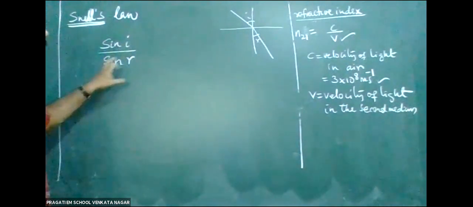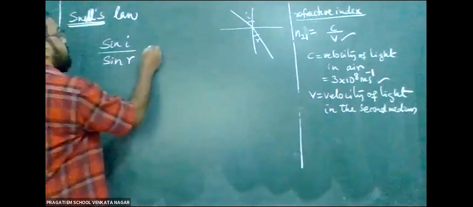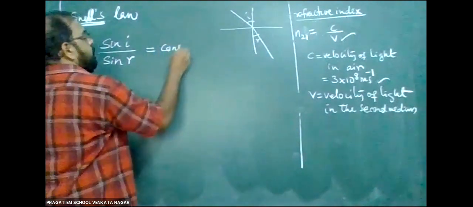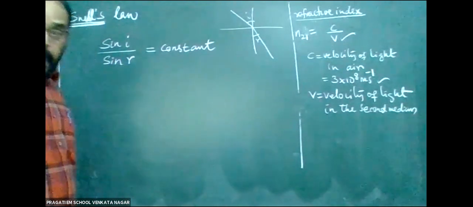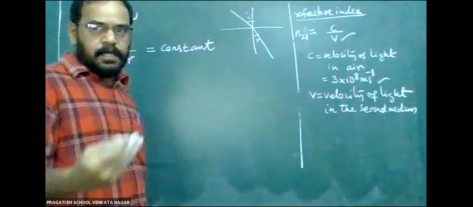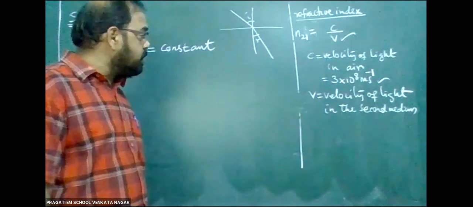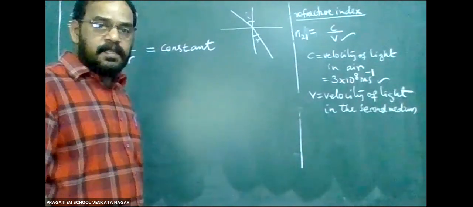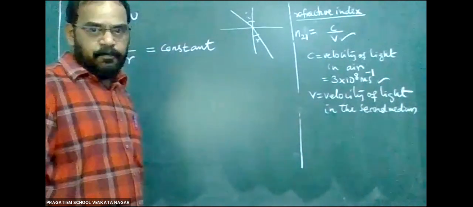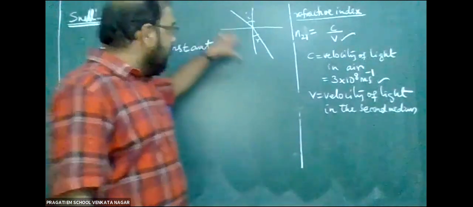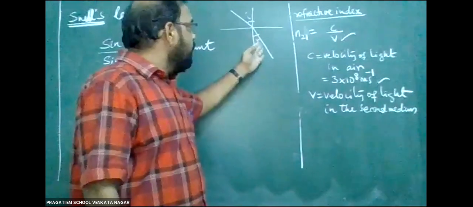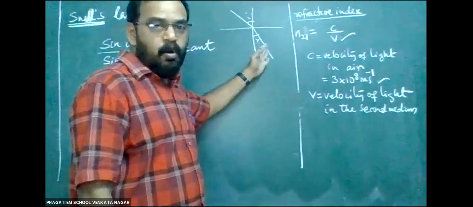Sine I by sine R is a constant. In the case of reflection, as I told you, always compare and study reflection: angle of incidence is equal to angle of reflection, yesterday's class. But in the case of refraction, angle of incidence and angle of refraction are not equal.